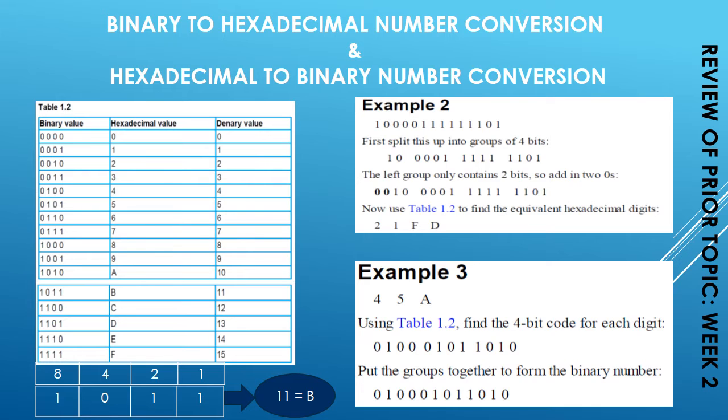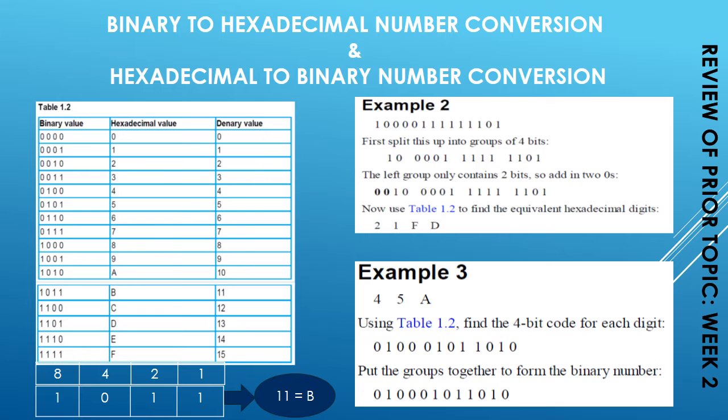From the example, we will first split this into groups of 4 bits. The left group only contains 2 bits, so add 2 zeros at the start to make it a complete group of 4 bits. Now use table 1.2 to find the equivalent hexadecimal digit.